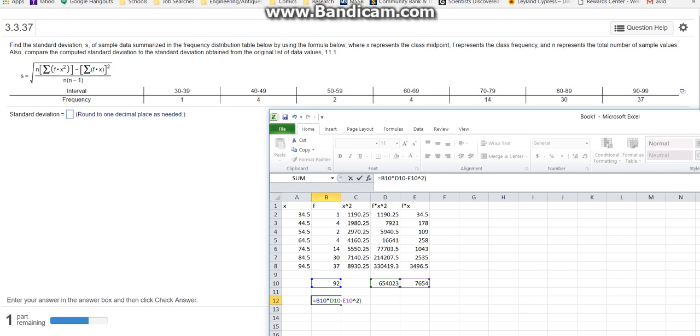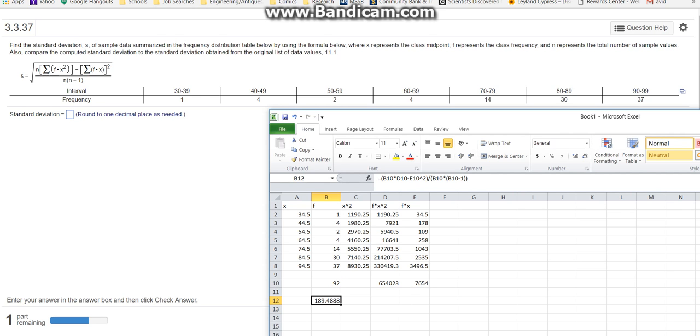We need to put parens around everything here. And then I'm going to divide that by n times n minus 1. And just for good measure, I'm going to put parens around everything you see here. So this is the denominator that I'm constructing now, and hit equal, and I get this result here.